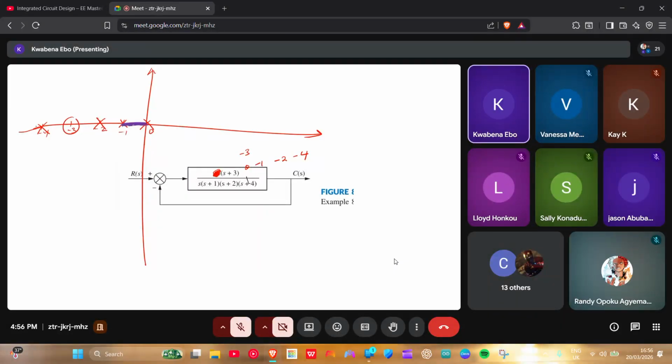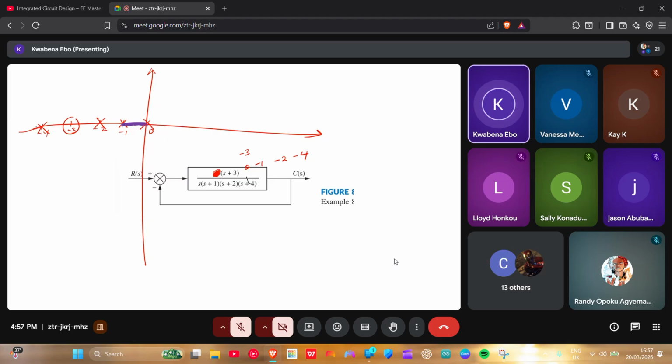So first, we will find the centroid. Sum of poles is -7. Sum of zeros is -3, over 3. So we have -4 over 3. That will be somewhere here. -3 is somewhere here.